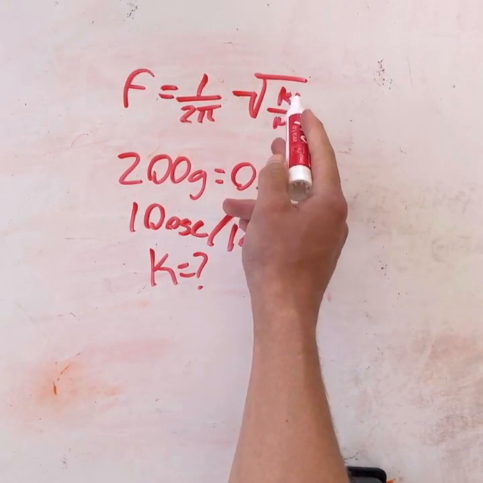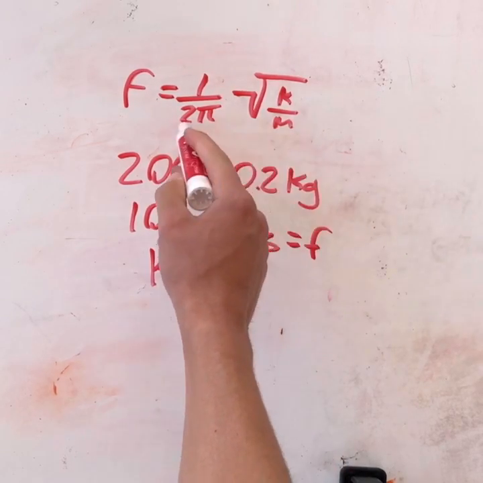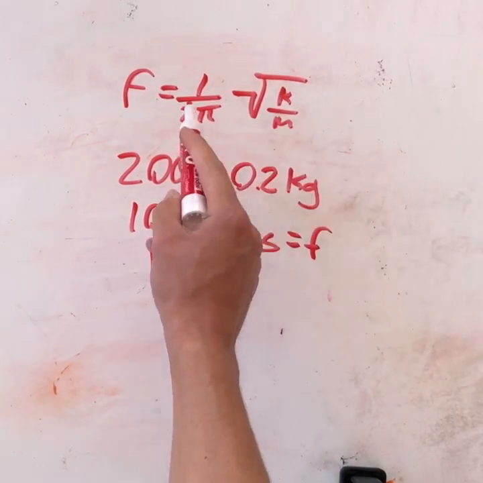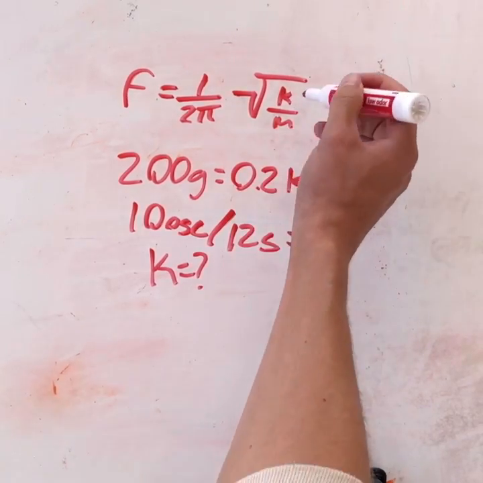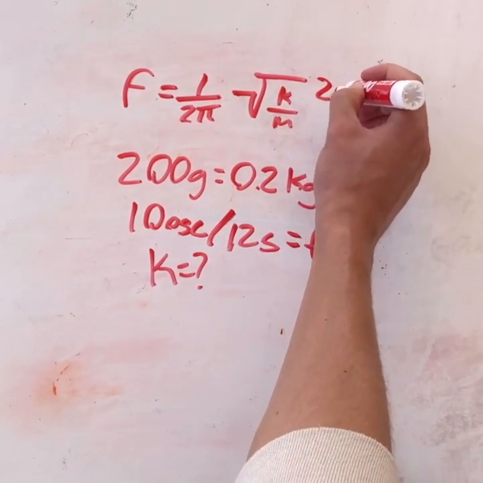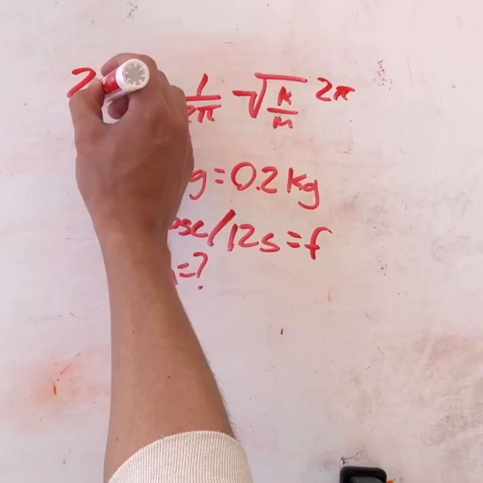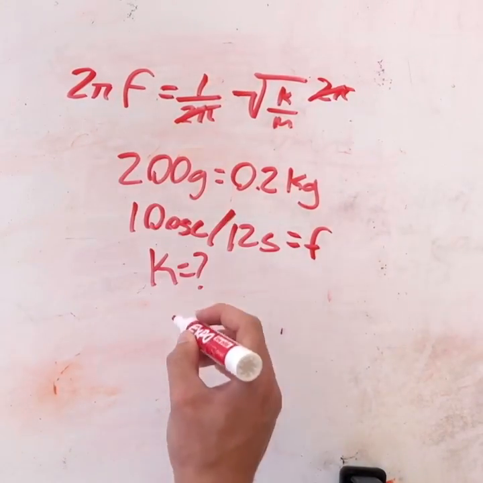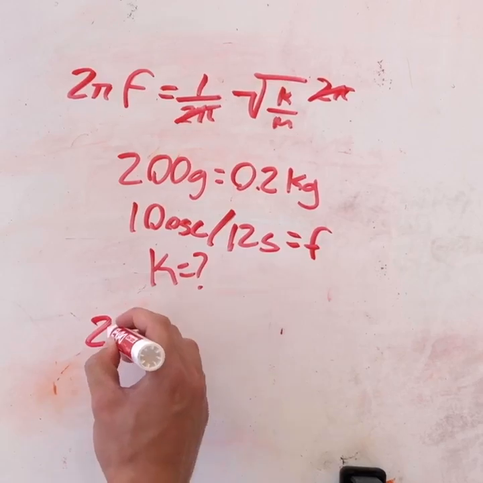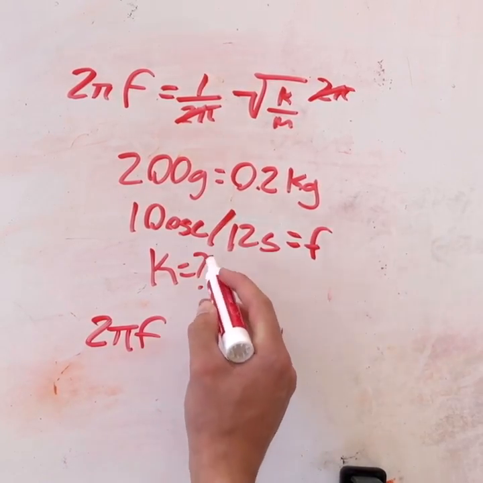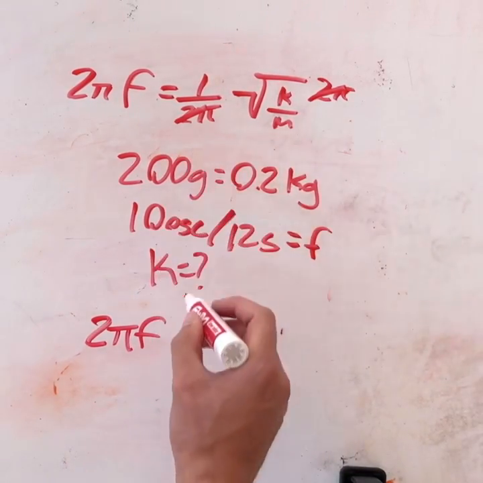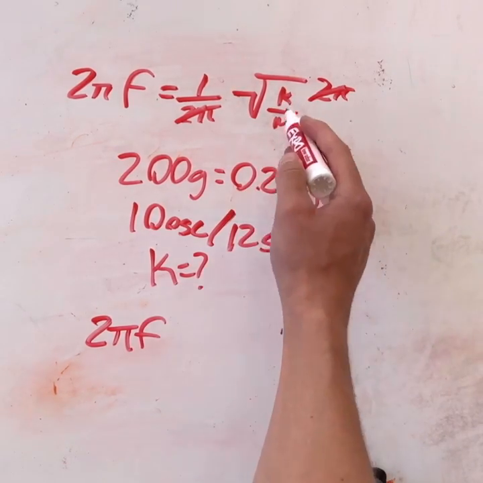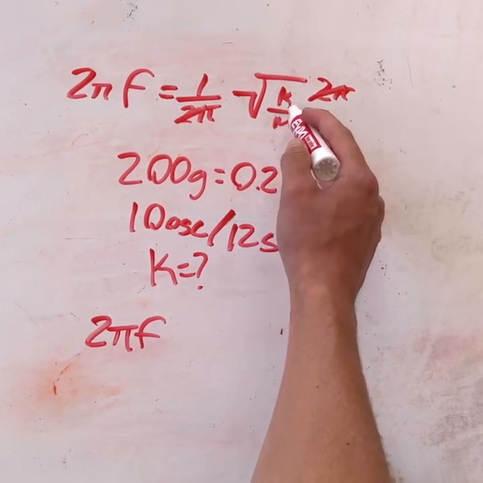Now, to isolate k, we need to first multiply both sides by 2 pi. 2 pi here, 2 pi here. These are going to cancel, and then that's going to give us 2 pi f. All right, now we have to get rid of the square root to free up this fraction here.